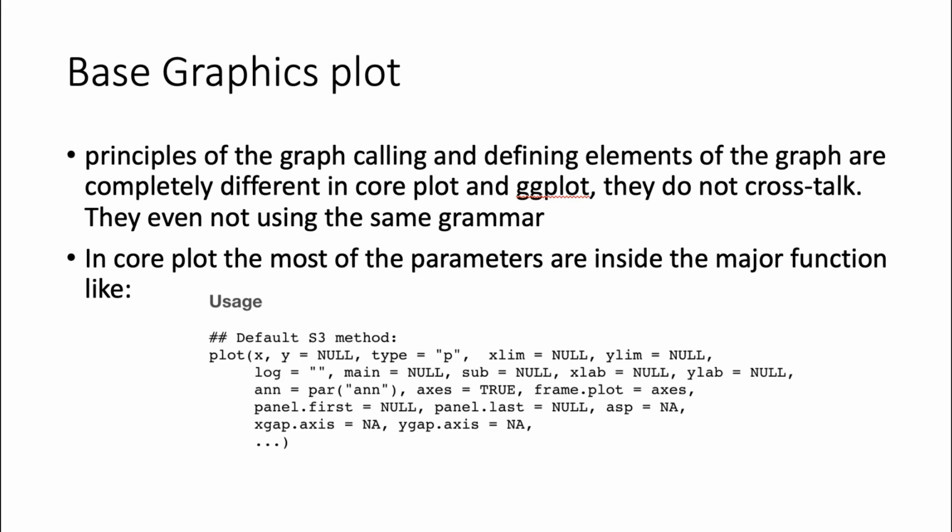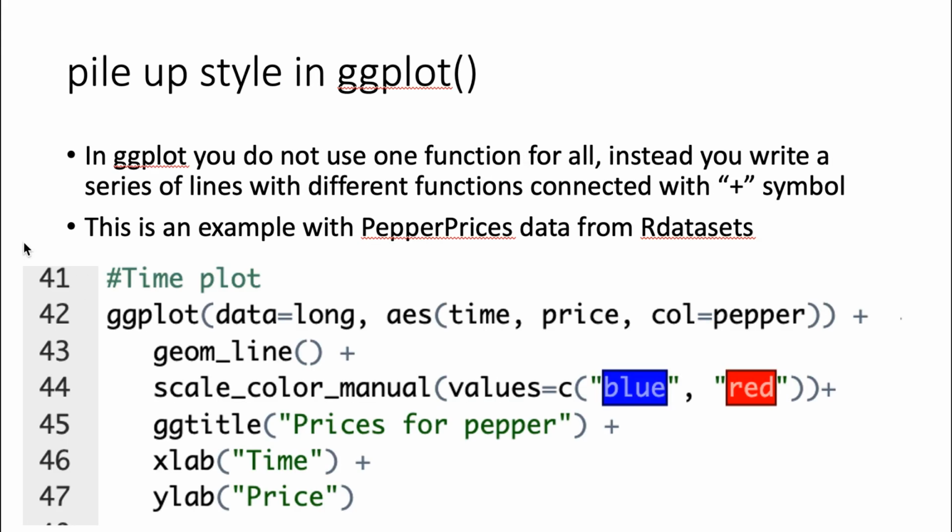What's the difference in calling plots in base graphics and ggplot? In base graphics you call, for instance, plot, and you know what you're calling. You're calling scatter or line plot or both, and then you fill the variables inside the parameters, and then you have what you ask. In ggplot is a different story. The first line and the major line, ggplot, only reads your data, but nothing happens.